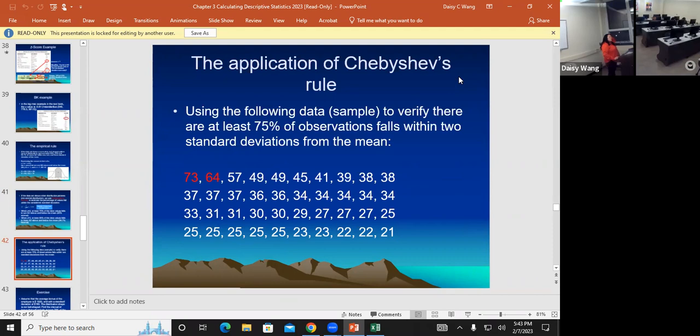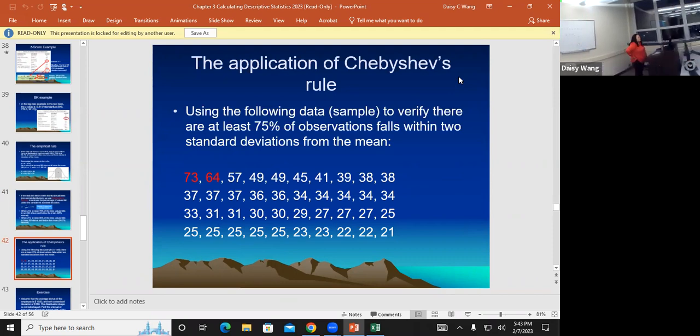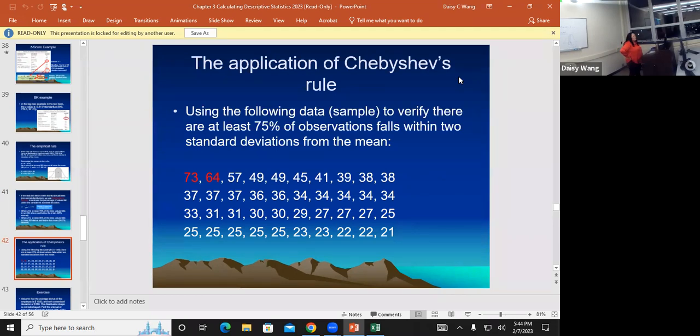So let's use Chebyshev's rule. Say 75% chance, to verify whether these are within 2 standard deviations.